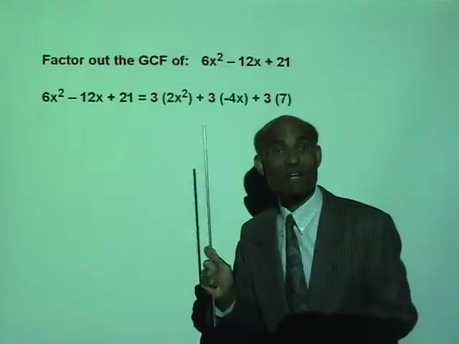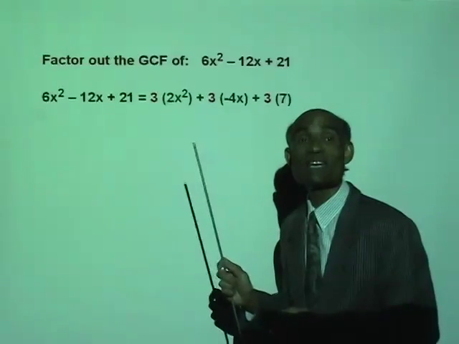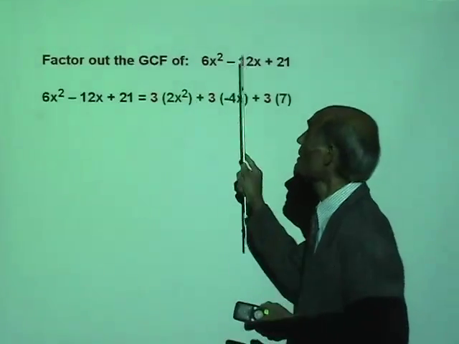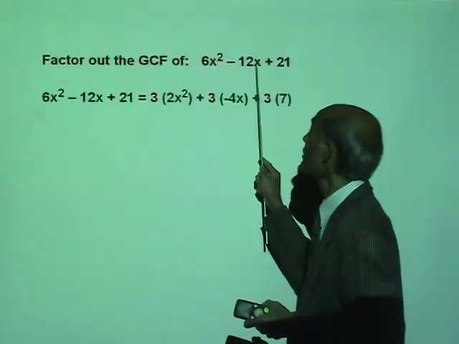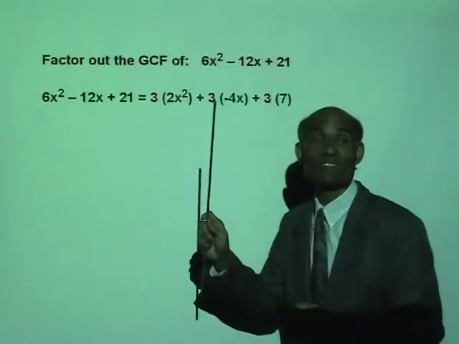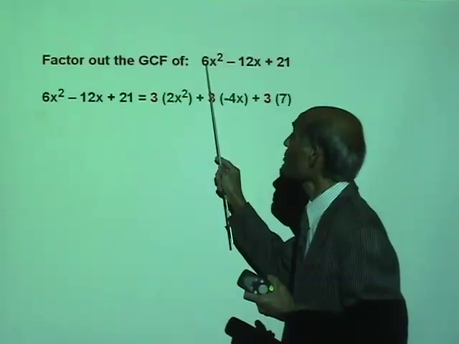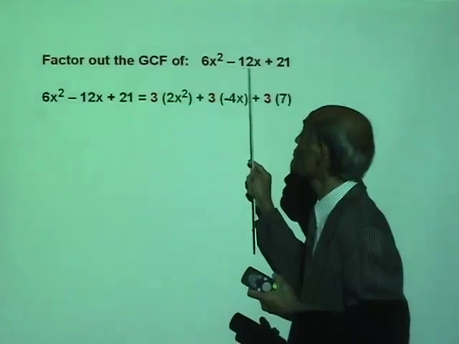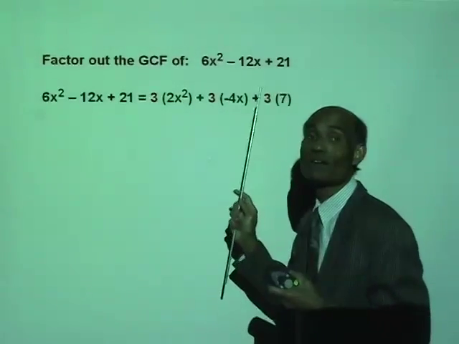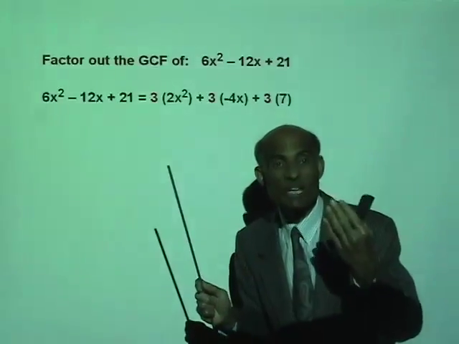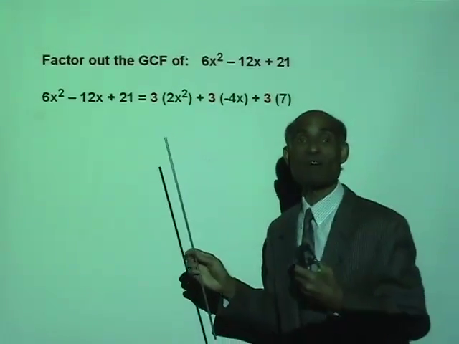Well, at one look, you know 3 is the greatest common factor, because x squared, x, there is no x there, so x is not a common factor. Between 6, negative 12 and 21, we can identify 3 as the greatest common factor.